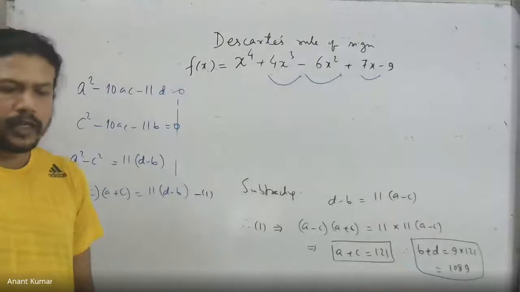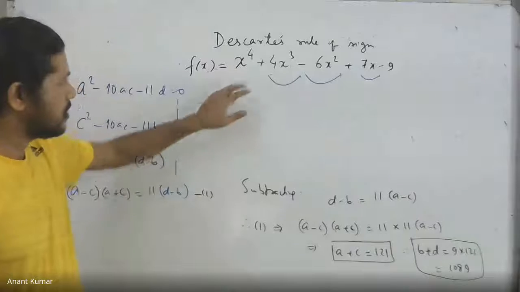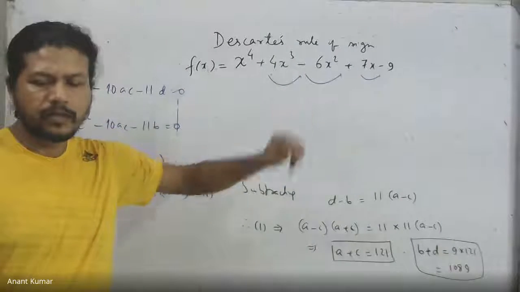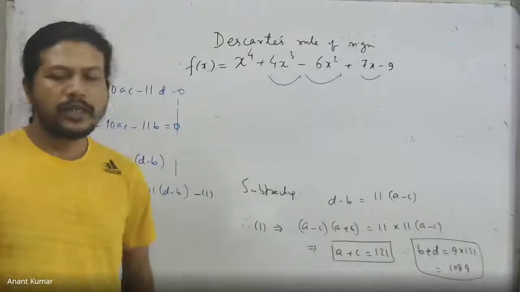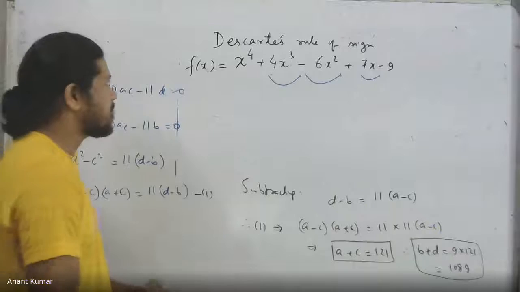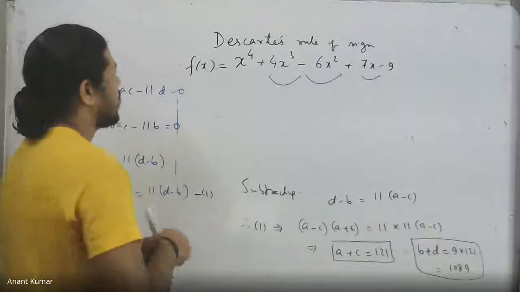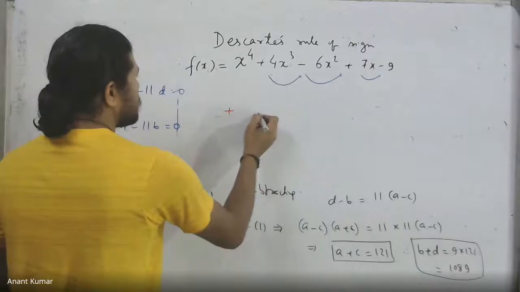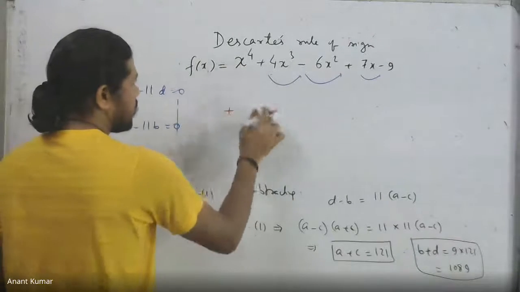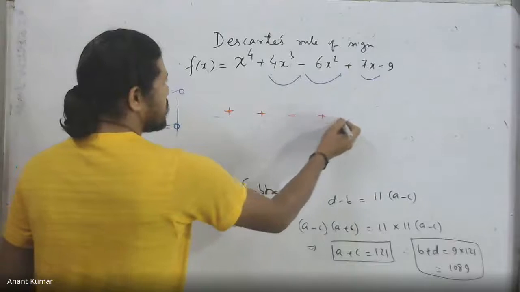So how to check that? Can I give another example? Yes, hold on a moment. I am not saying that they should be consecutive. If I just look at the signs, what I have is plus, plus, plus, plus, minus, plus, and minus.